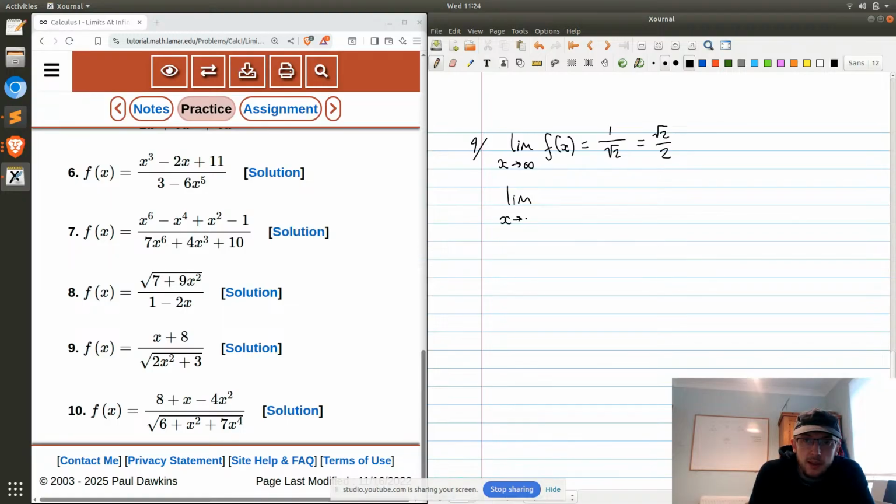And the limit as x approaches negative infinity of f of x. Same considerations, but negative 1 over root 2. And these will become the horizontal asymptotes.